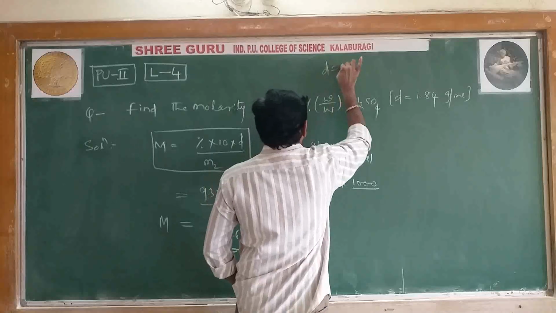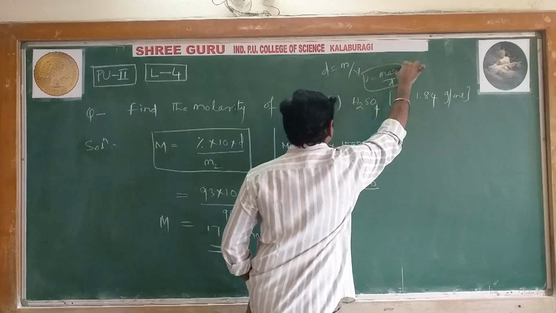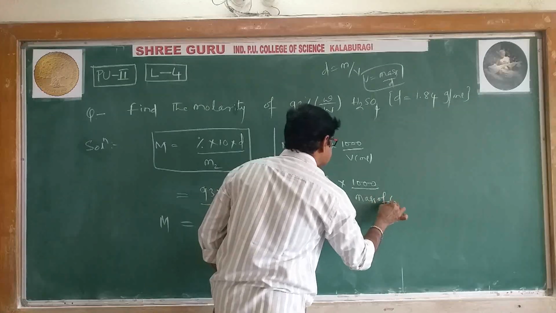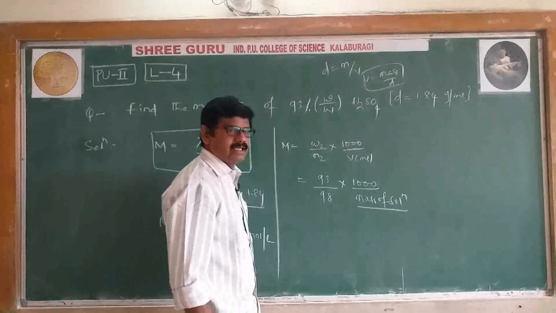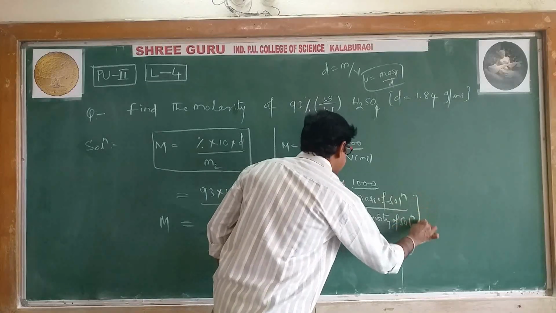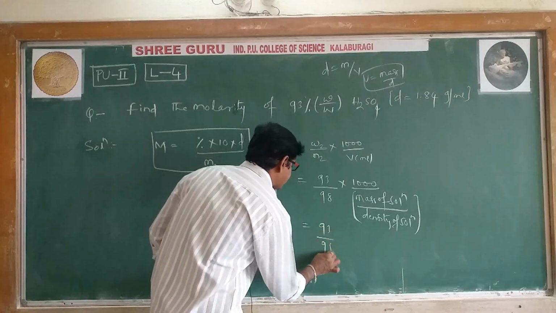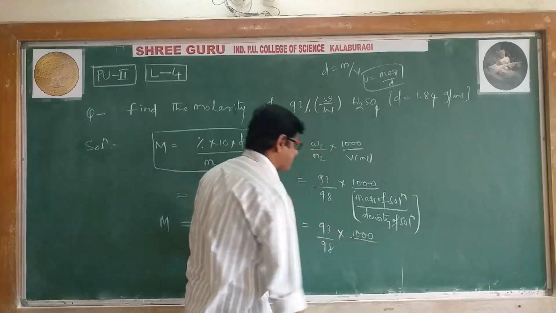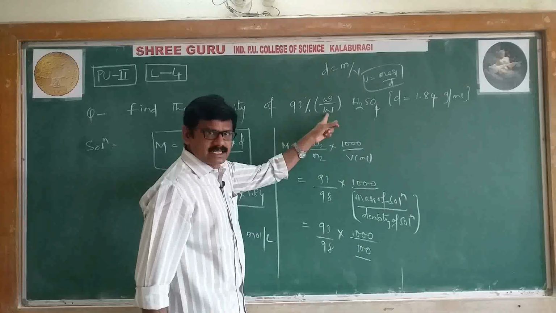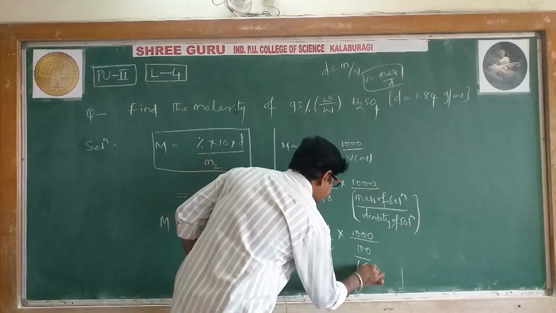We have the formula density equals mass by volume, so volume equals mass divided by density. We'll use this formula. Therefore, instead of volume, I'll write mass of solution divided by density of solution. Then 93 divided by 98 into 1000 divided by mass of solution, which is 100, divided by density of solution, 1.84.